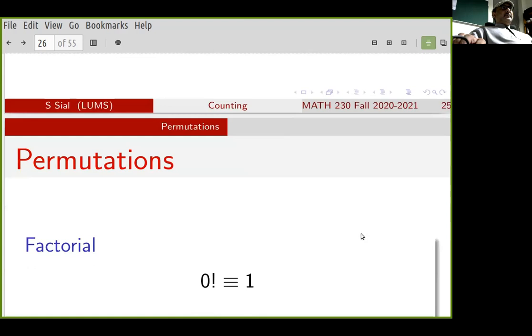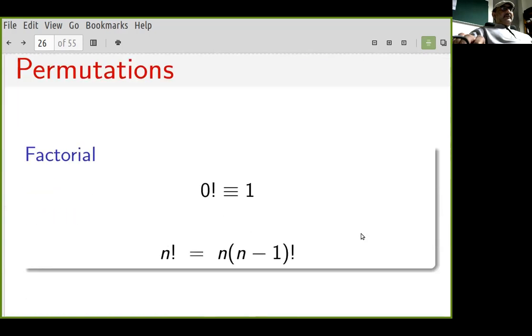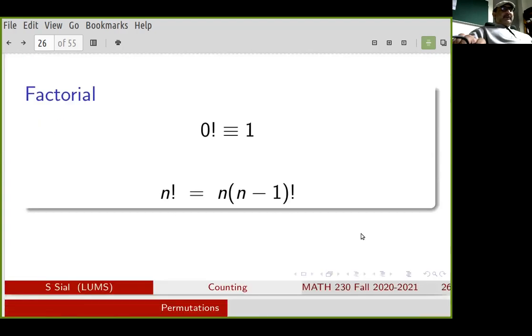Okay, one convenient notation here is the idea of a factorial. So we define 0 factorial to be 1. And then for a positive integer n, n factorial is n times n minus 1 factorial.